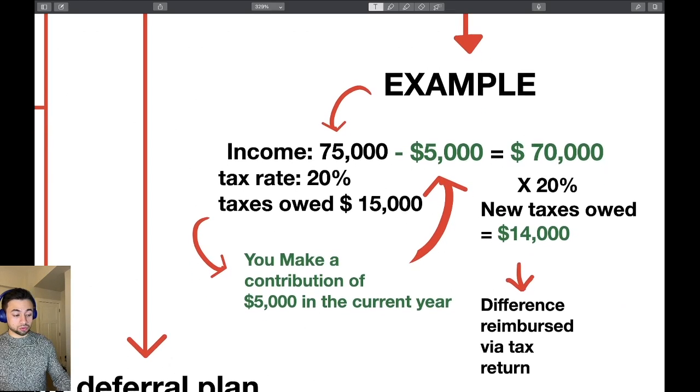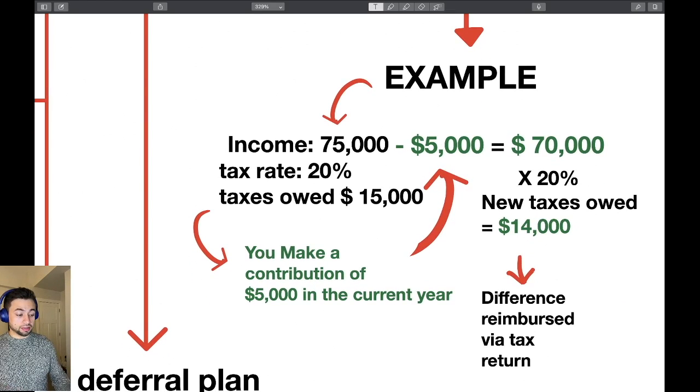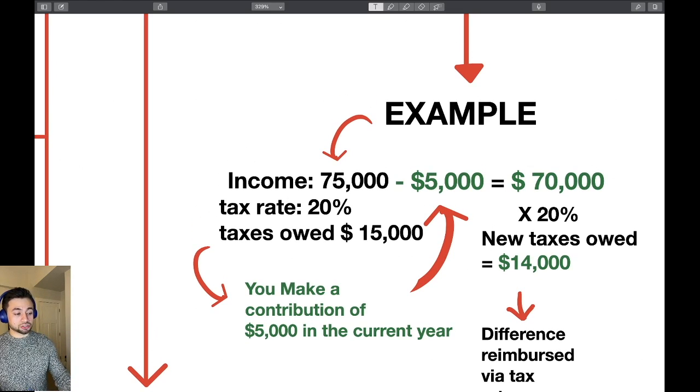Eventually, this difference will be reimbursed to you via the tax return once you file your taxes. This is the system that allows us to build the RRSP account while also getting the benefit of those contributions not being taxed.